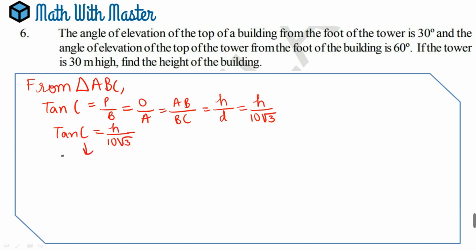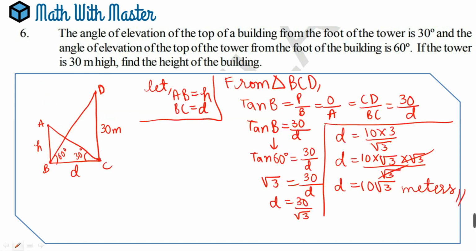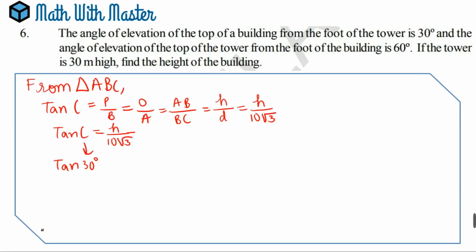So what is the value of C? Yeah, it is 30 degrees. If tan C is equals to tan 30 degrees, then angle C should be equal to 30 degrees. So tan 30 degrees is equals to H upon 10 into root 3. So 1 upon root 3 is equals to H upon 10 into root 3.